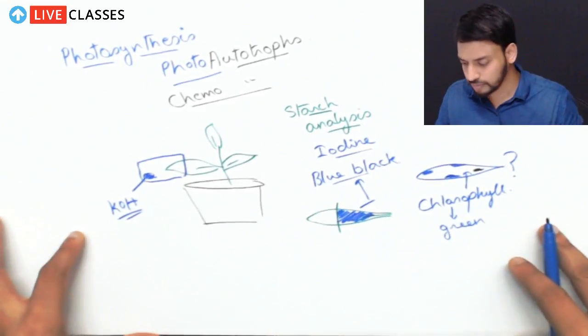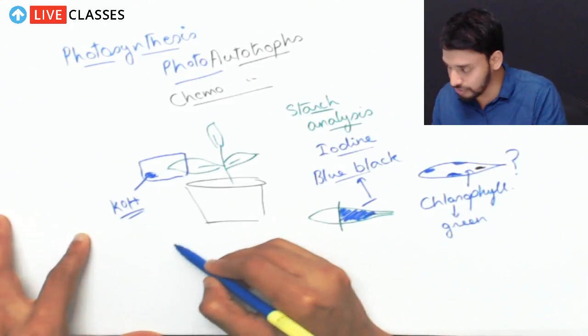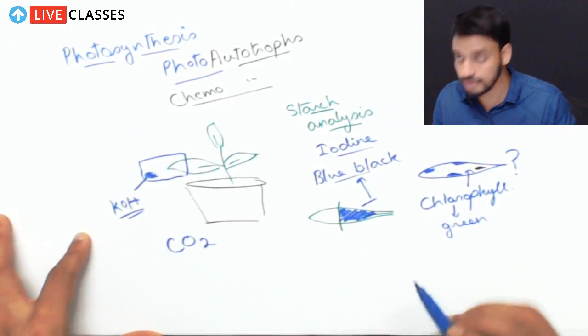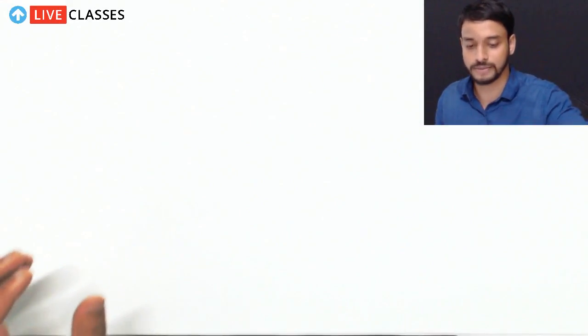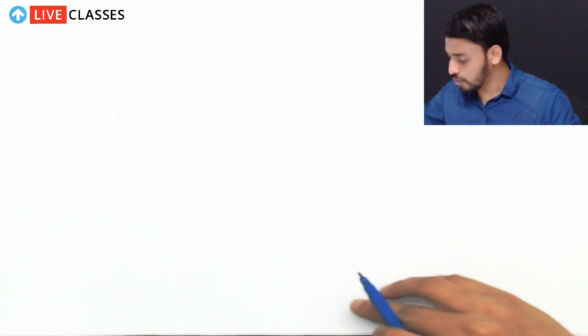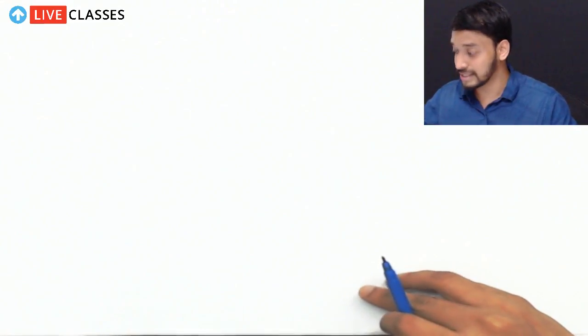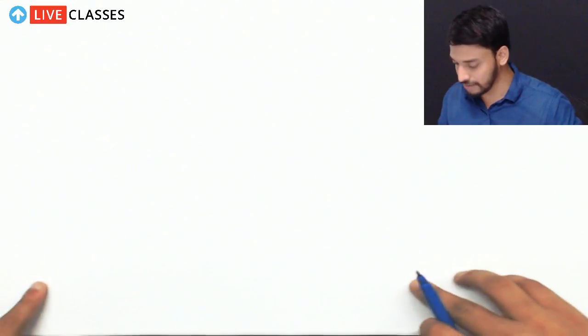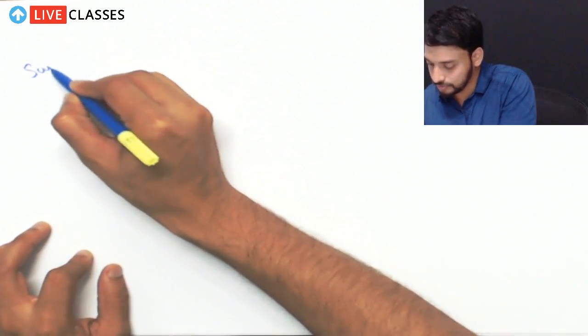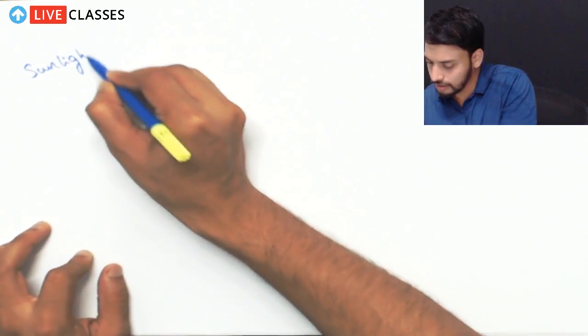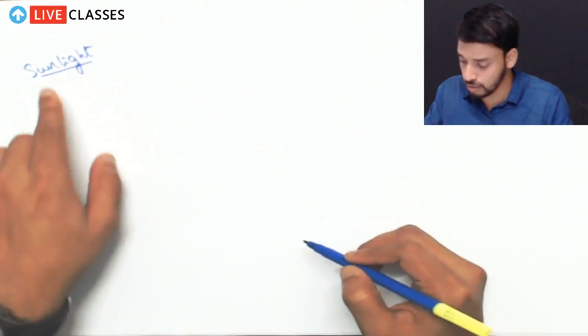Okay, so we have proved that carbon dioxide is necessary for photosynthesis. Now can we move on to the other experiments? Let's see. Now we'll talk about whether sunlight is necessary. Can we talk about that? If we try to talk about sunlight, I'm sure you can do this experiment at your home also.